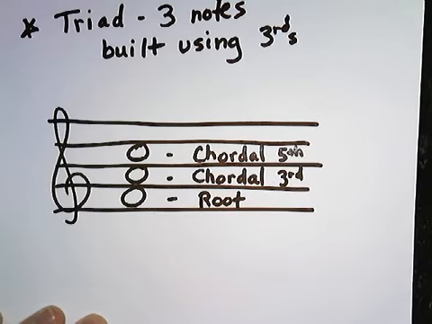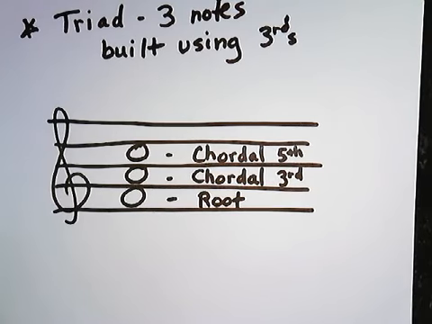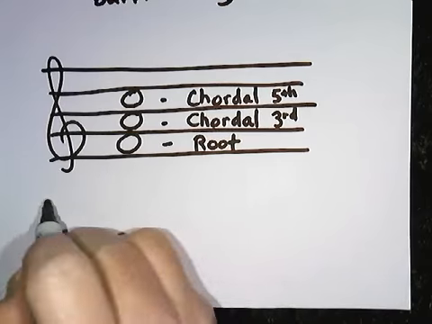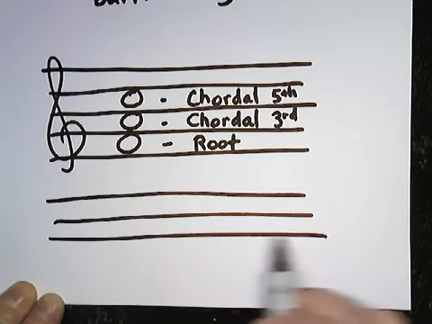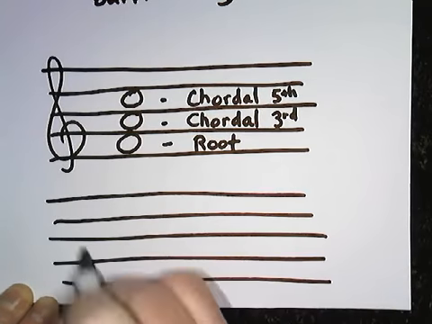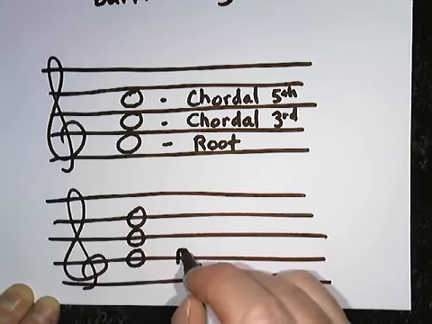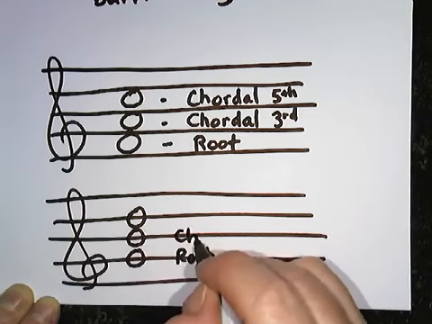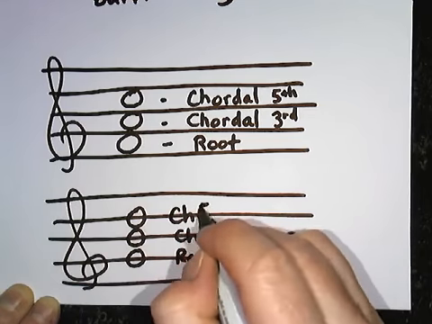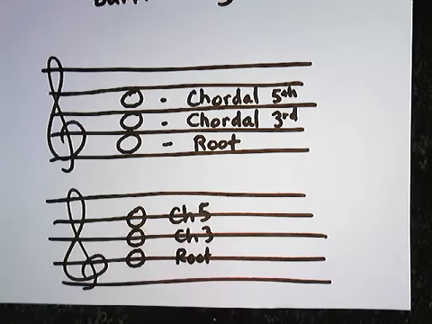Now, these are terms that apply to any triad. So if I were to rewrite another great big staff, and I do line notes, we still have root, chordal third, chordal fifth. So this moves with the position of the chord on the staff. These are terms that I will be using continuously throughout Chapter 5, so they are terms that you need to be very familiar with.